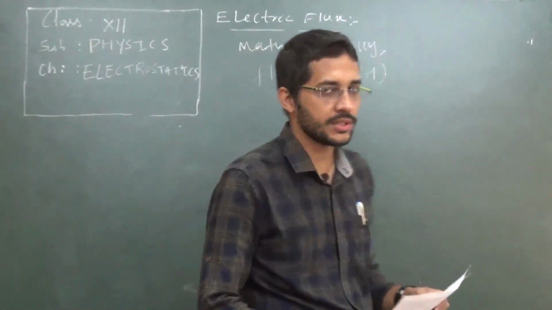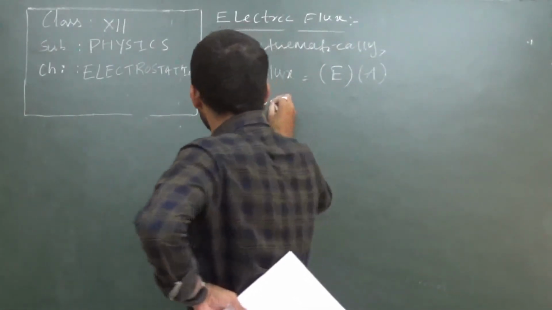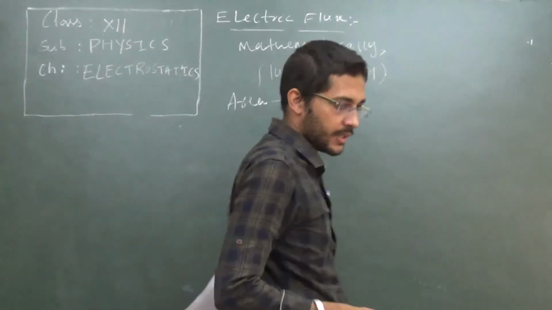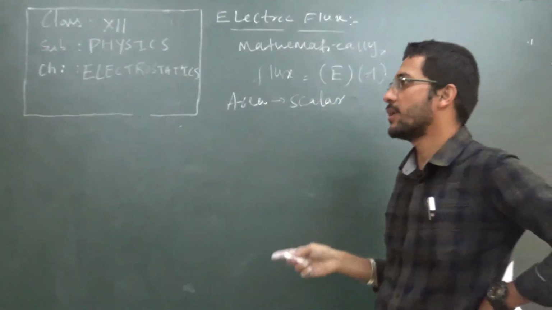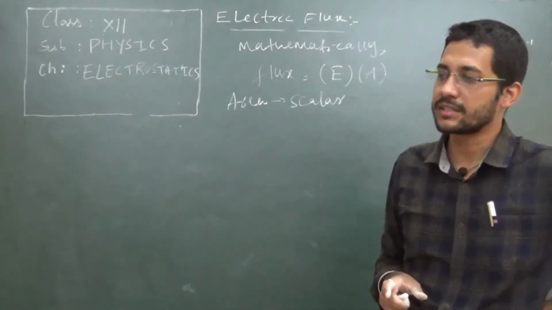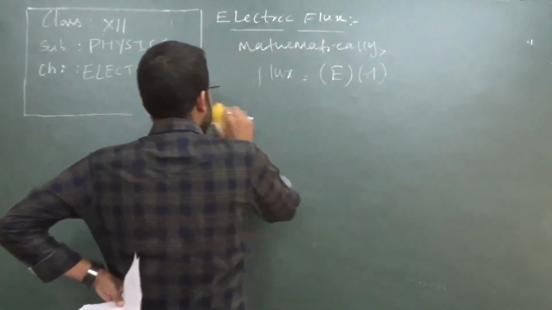So a question arises. Till now we considered that area is a scalar quantity, but in this case we will consider that area has a particular direction. So how can that be possible? We will discuss it with a proper example.